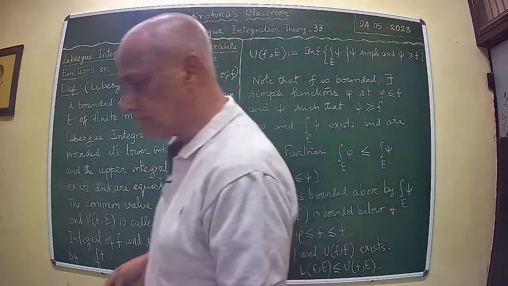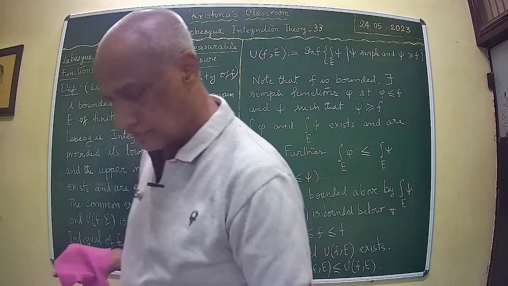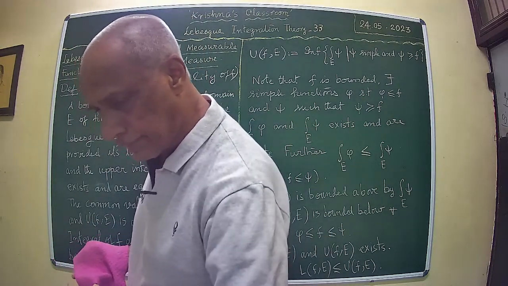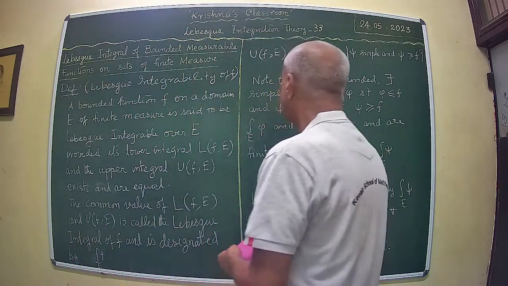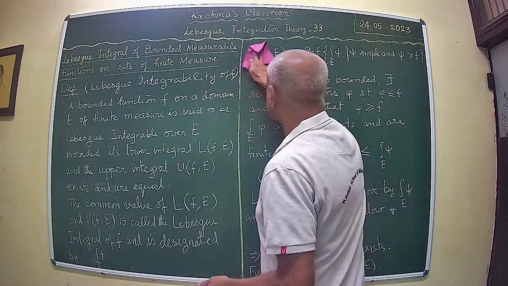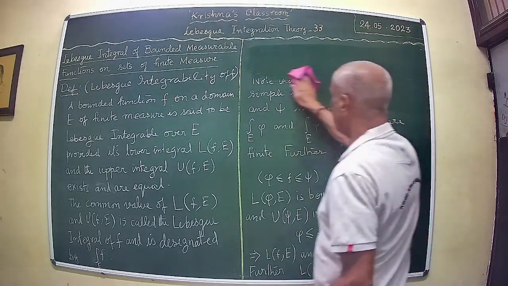So if f is Lebesgue integrable, then you have both the upper integral and the lower integral equal. Or if the upper and lower integrals are equal, then you say f is Lebesgue integrable.